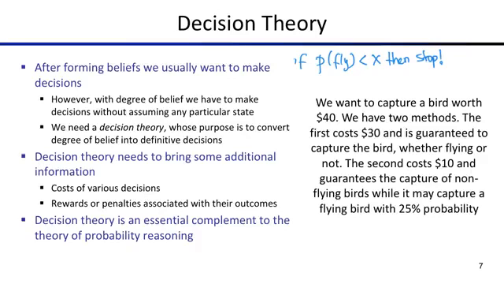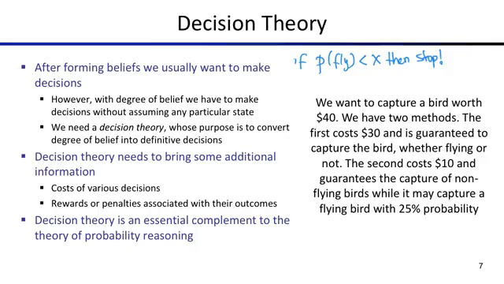So to make this idea a little bit more concrete, let's suppose that we want to capture the bird, right? So it's not a very ecological example. And the bird is worth $40. And we have two methods. The first method costs $30, but it's guaranteed to capture the bird.